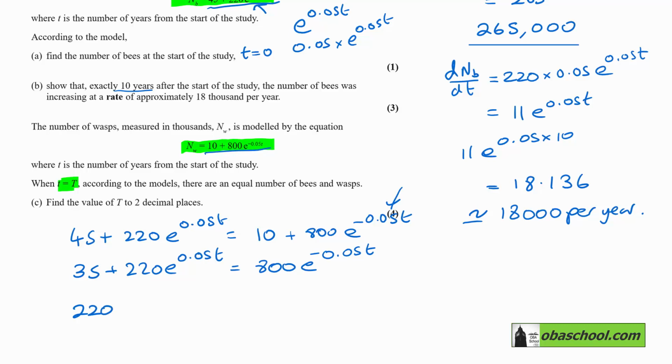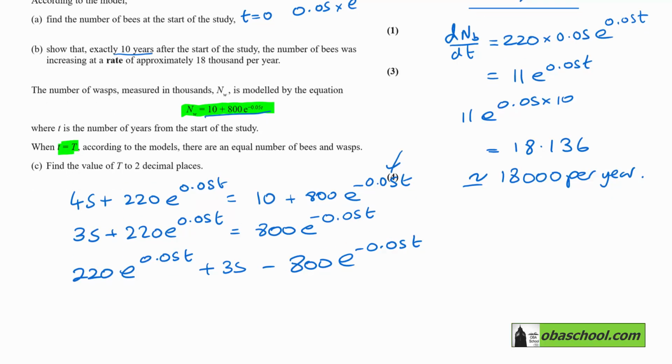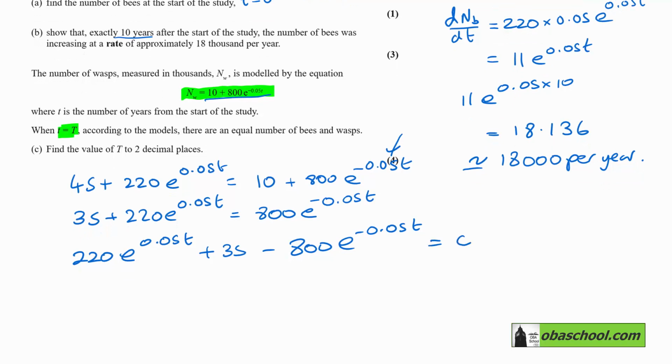And let's bring everything over to the one side. I'm going to write it as 220 e to the 0.05t plus 35, take away 800 e to the negative 0.05t, and that will then be equal to 0.